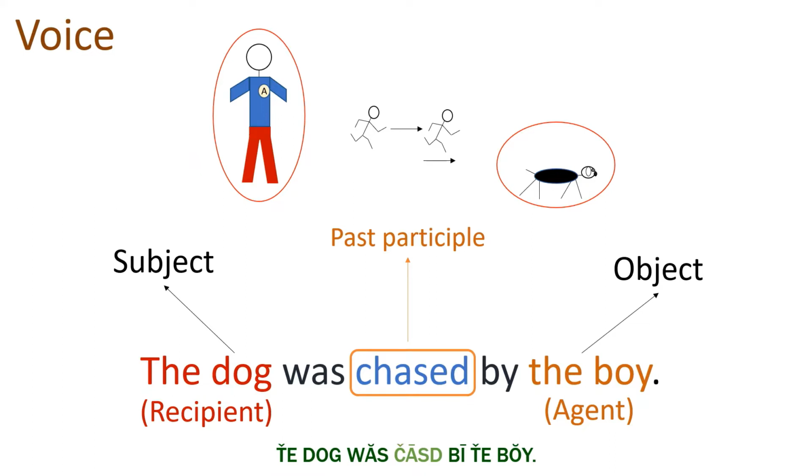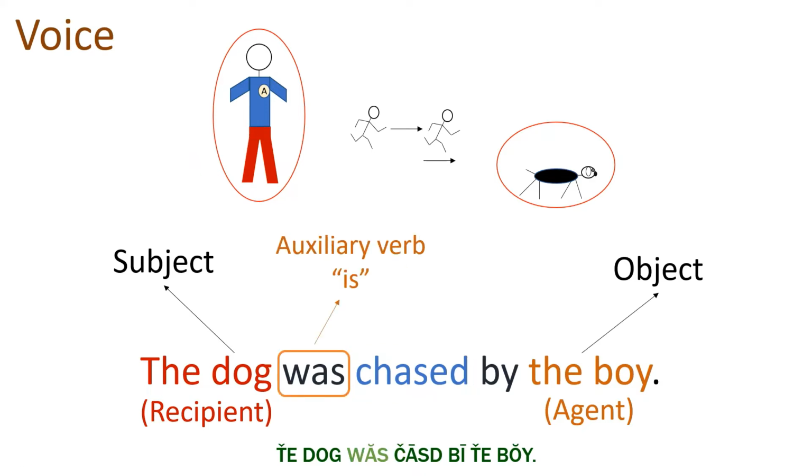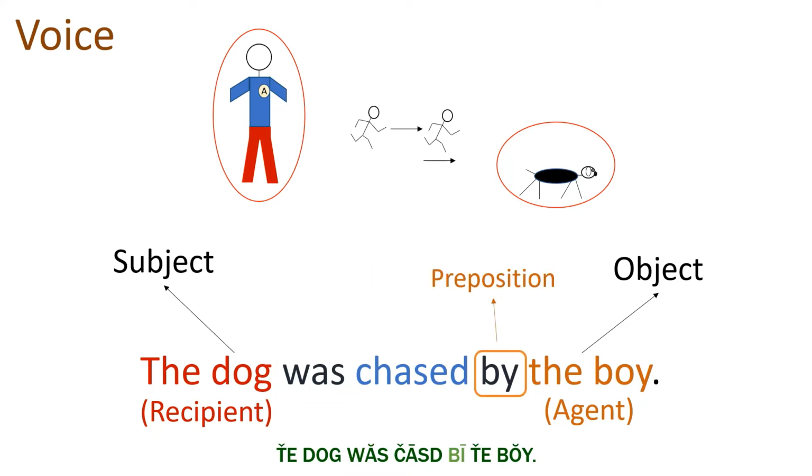For many verbs, the past participle is the same as the simple past. We then place before the main verb the appropriate form of the verb is. Because the original sentence was in the past tense, we use the past tense of is, in this case was. Finally, we place the preposition by after the past participle of the main verb.